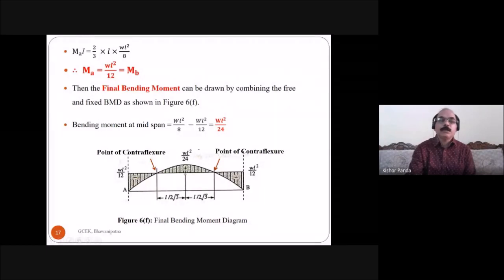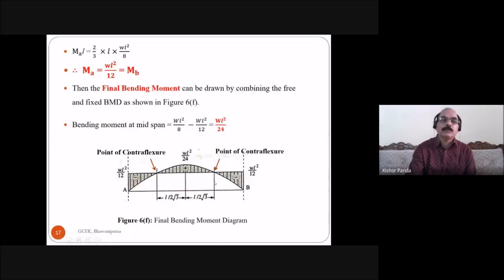So you will get the point of contraflexure at a distance L by 2 root 3 from the midpoint. Or from this side, it is L by 2 minus L by 2 root 3, and the other point is L by 2 plus L by 2 root 3. This is the point of contraflexure distance.